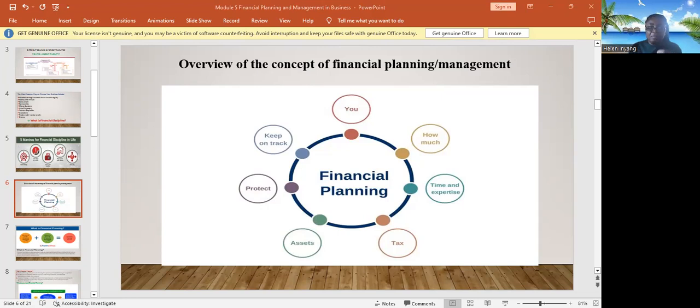The next concept of financial management or planning is how much. How much money do you need? Do you have enough of this money?